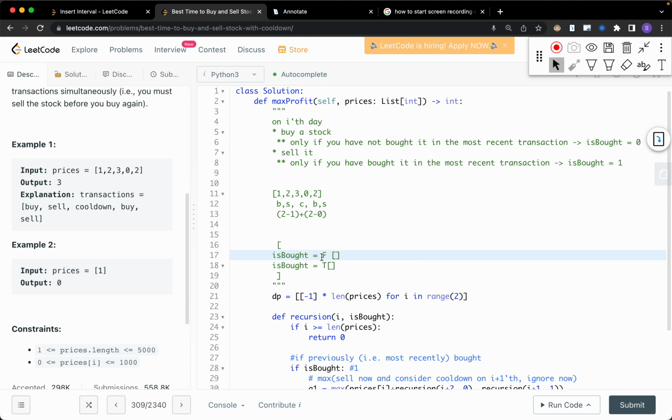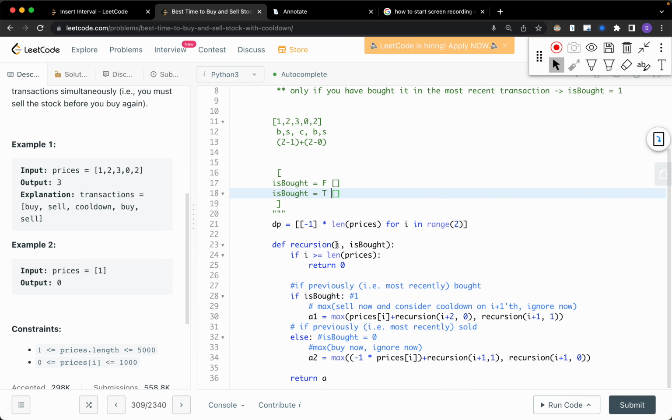So for that purpose, it can take two values, because we have two variables in the recursion function. Our answer is based on the changing of these two values, both i and isBot. So our answer will be dependent on these two values, so I have to consider both values when I'm taking the DP array.